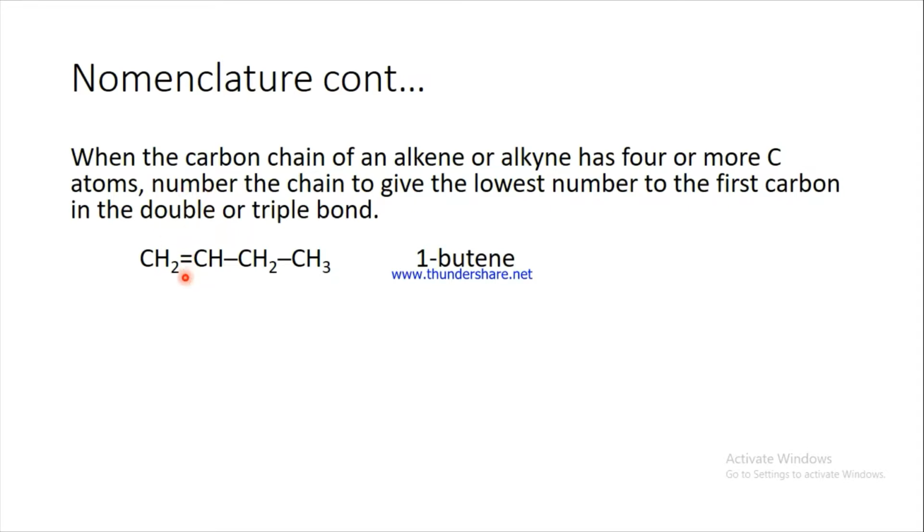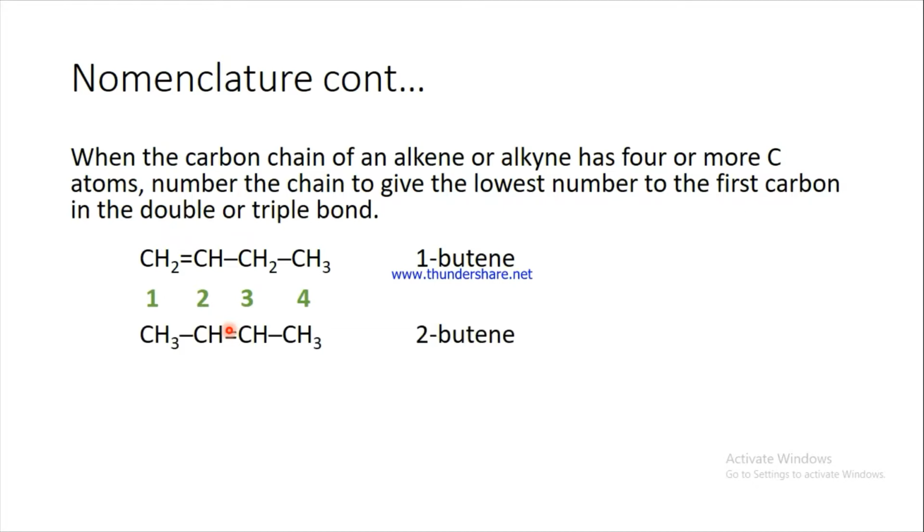Here you are required to number from an end such that the carbon atom where the double bond is has the lowest number. So in this case, we number from here 1, 2. So this automatically becomes 1-butene, indicating the position of the double bond, position number 1. So this is the correct numbering.